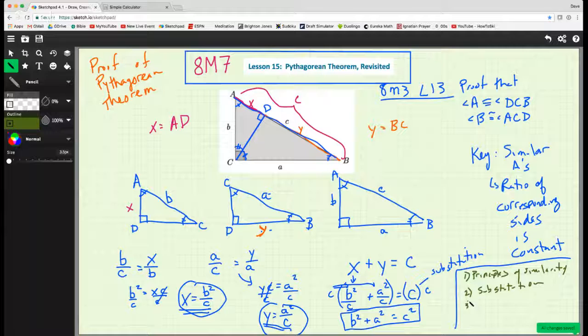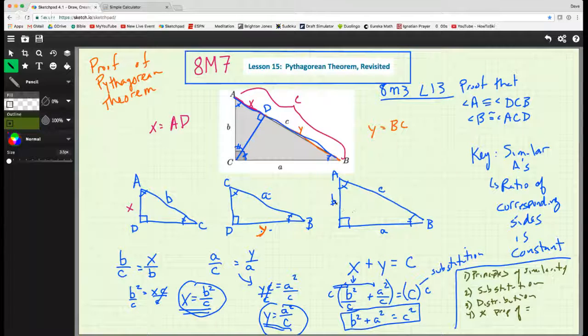We had to use our building block of distribution, and then our multiplicative property of equality. Probably some other things we had to use here.